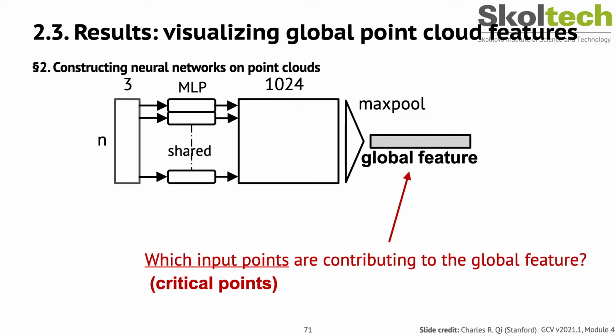To answer this question, let's firstly visualize what has been learned by the network as a global feature. For an input point cloud, we want to find out a set of points in the input that contribute to the global feature. Notice that some of the points won't be included and won't contribute because of the max pooling operation that we use.